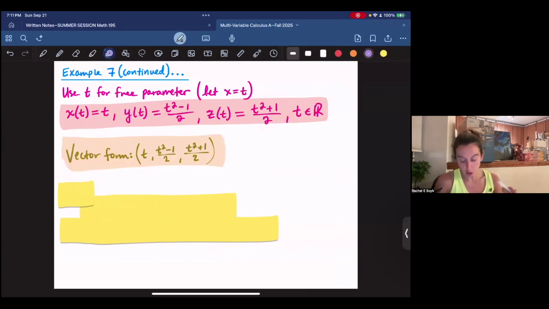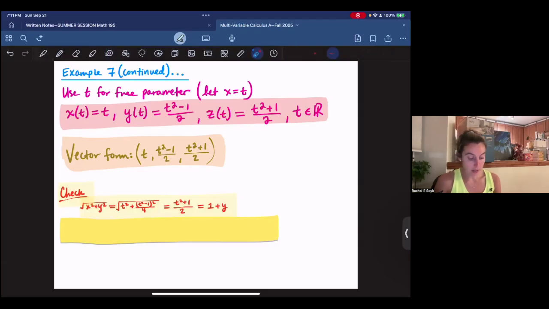And then you can always check to make sure that everything pans out. And so the square root of x squared plus y squared, in terms of t, we have the square root of t squared plus (t squared minus 1) squared all over 4, is equal to our z, which is (t squared plus 1) all over 2, and this is equal to our 1 plus y.